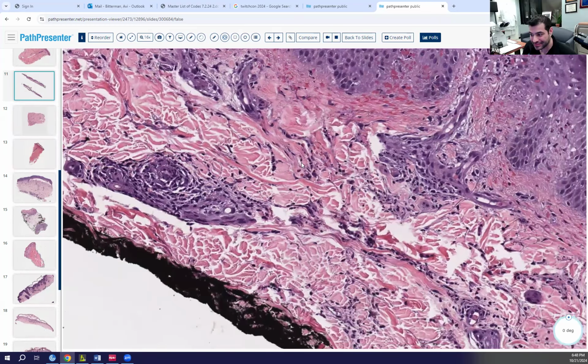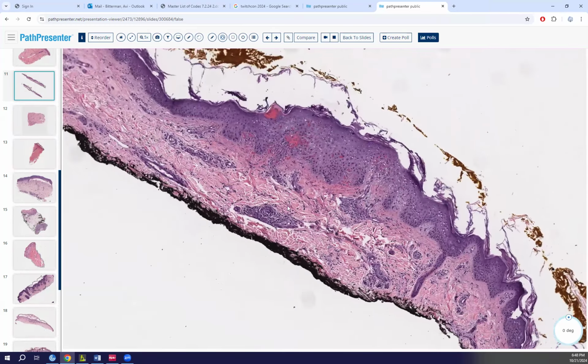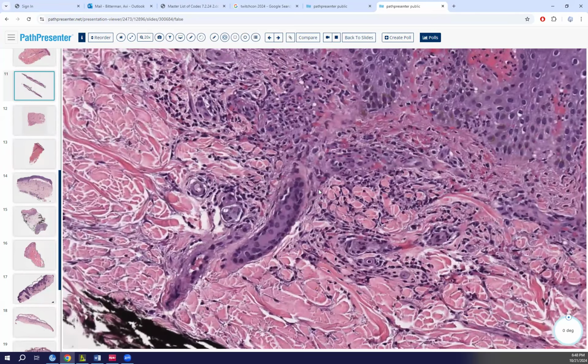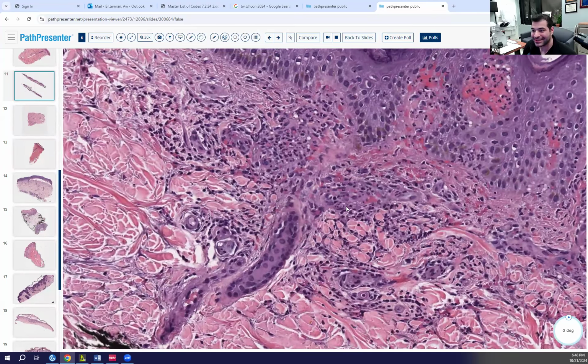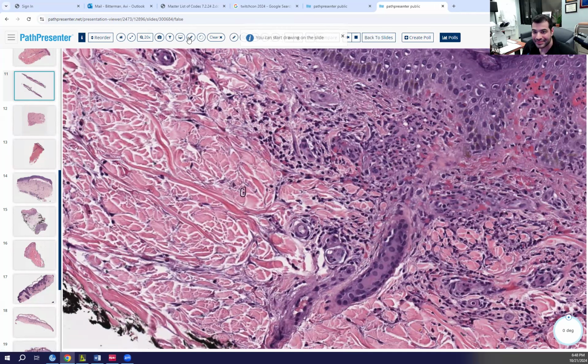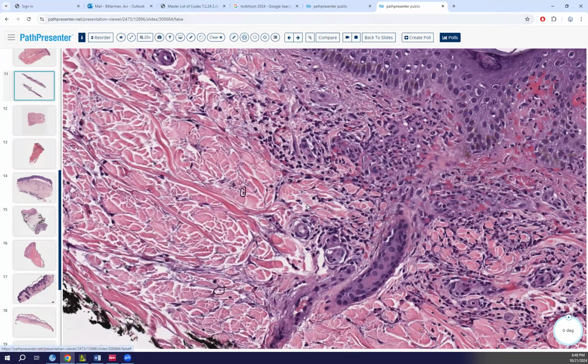I mean, maybe I'm looking for karyorrhexis, little nuclear dust. Ah, karyorrhexis. I guess I can see a little bit of it. You mean like this and this? Yeah. Sometimes it's easier to see when it's away from the rest of them.